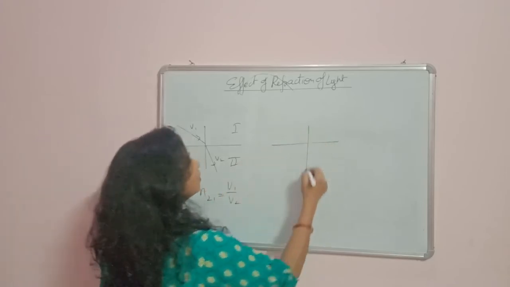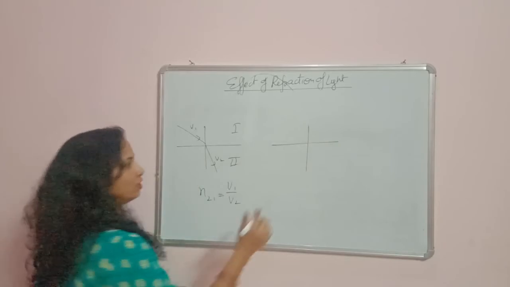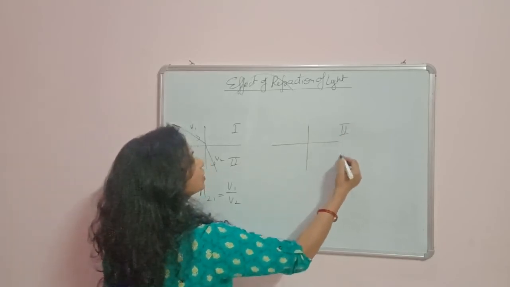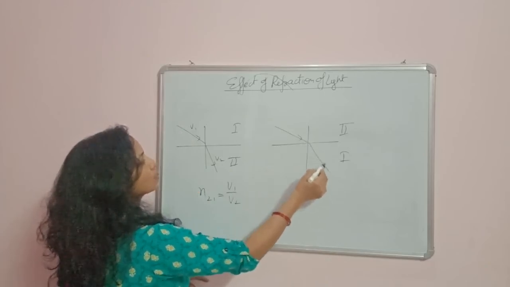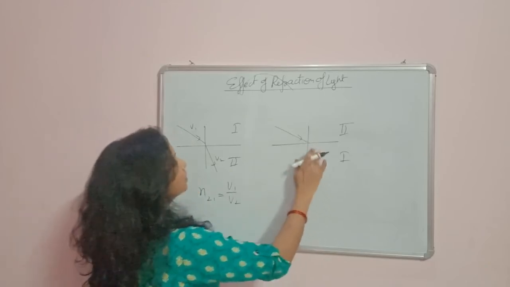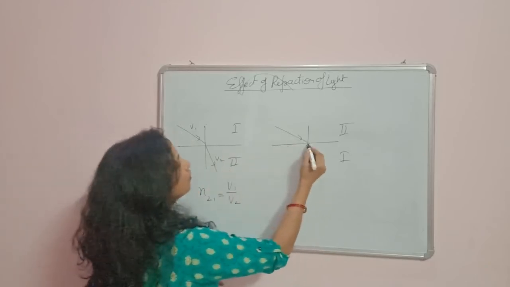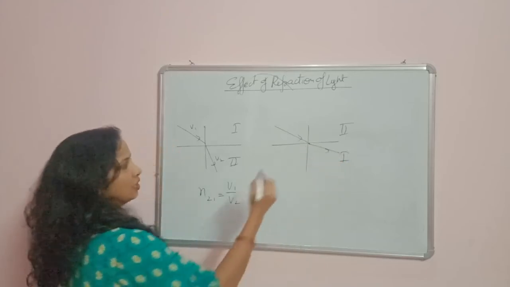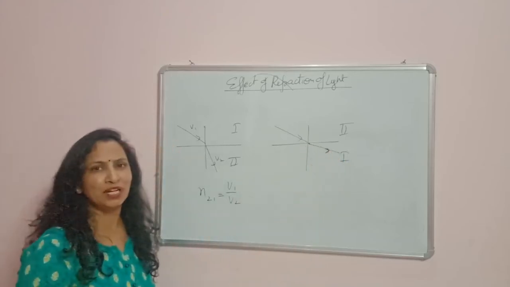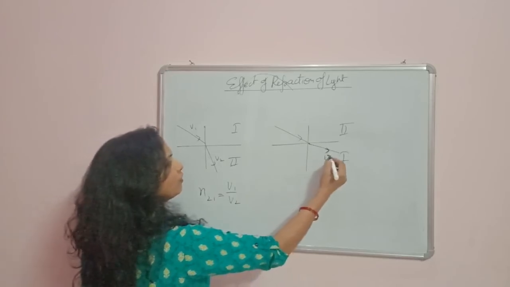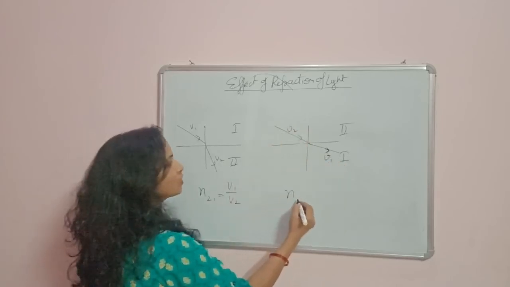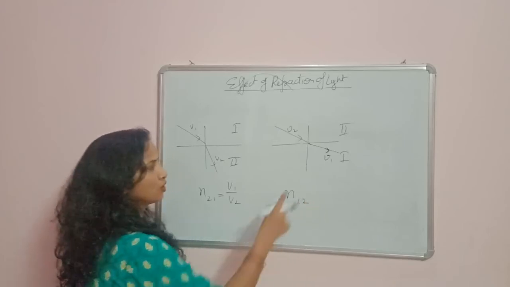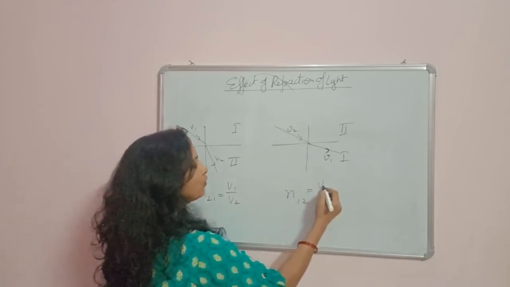Again, we are interchanging the medium. This is medium 2 and this is medium 1, and the light passes from this to this, like this. Since medium 2 is denser, it will bend away from the normal, like this. And thus the speed of light changes: in medium 1 it will be V1 and in medium 2 it will be V2. So the refractive index of 1 with respect to 2 is equal to V2 upon V1.